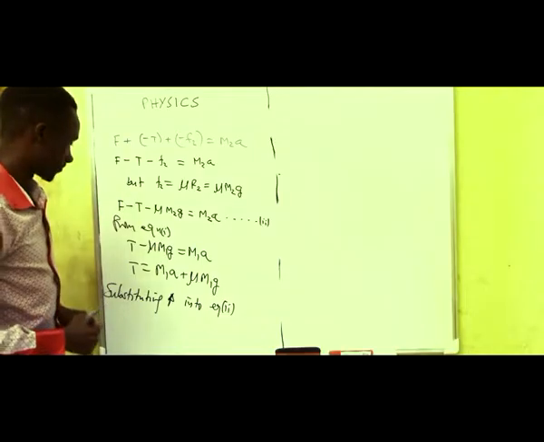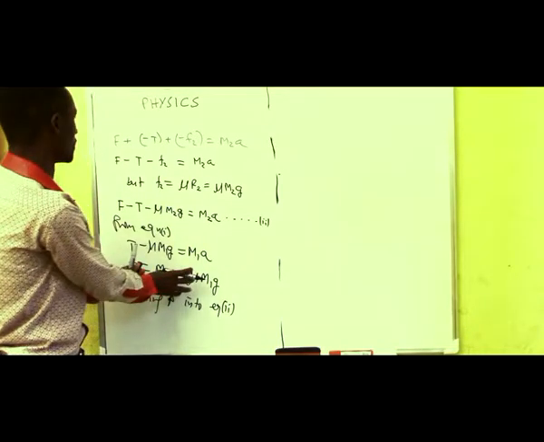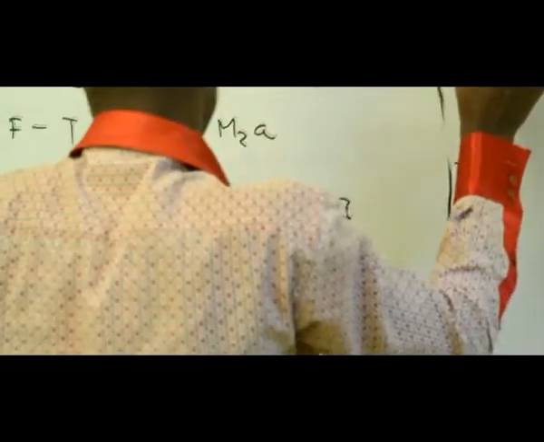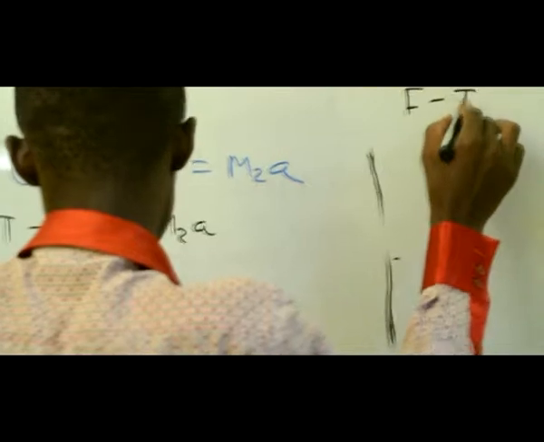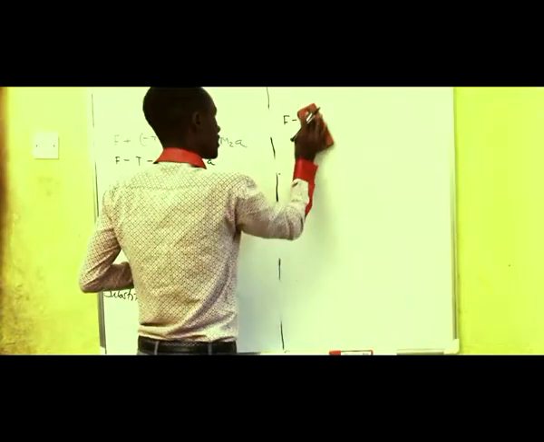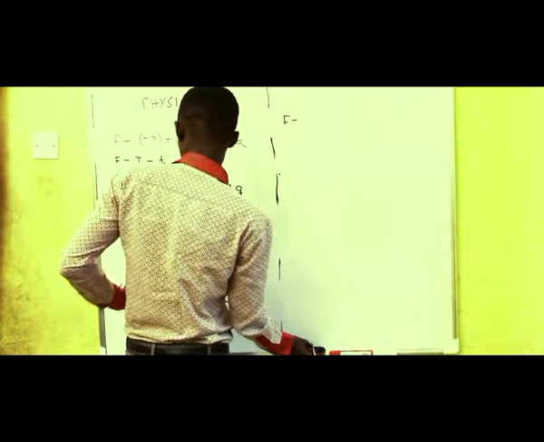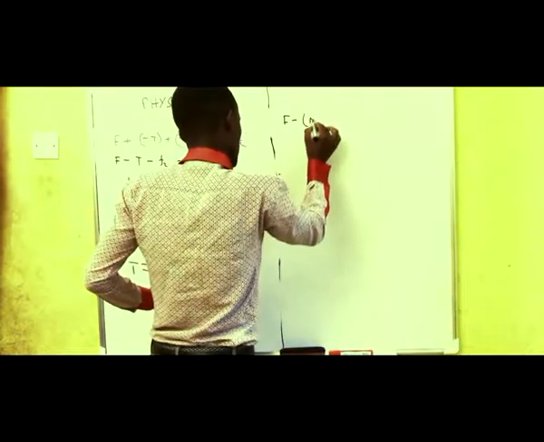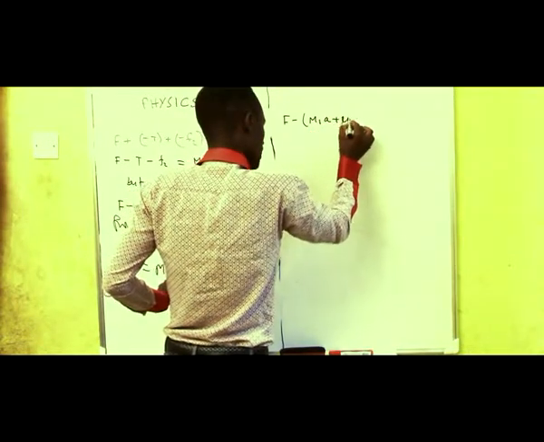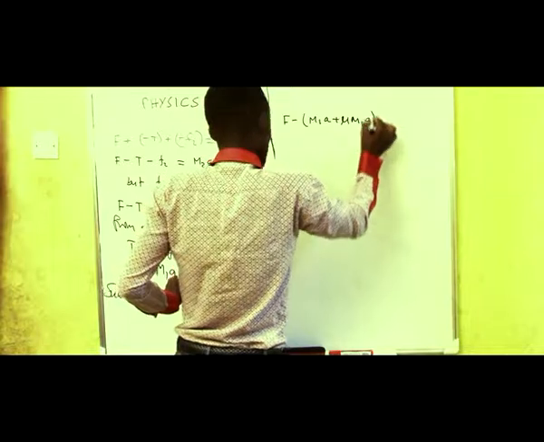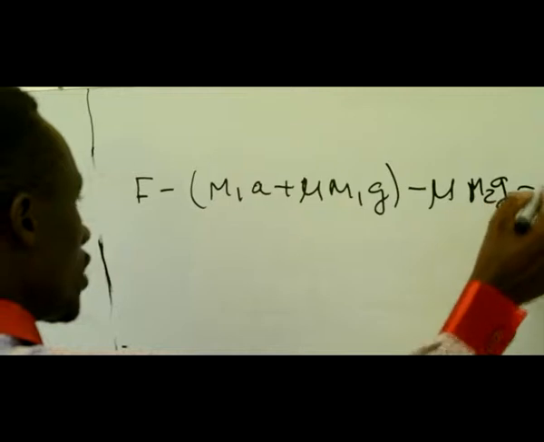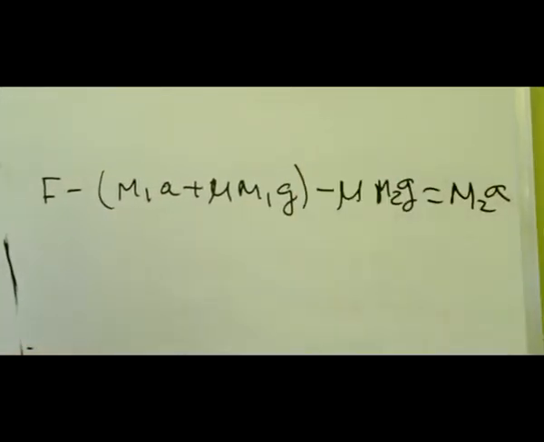Now substituting this into equation 2, we obtain F minus tension T, which is M1 A plus mu M1 G, now minus mu M2 G equals M2 A.